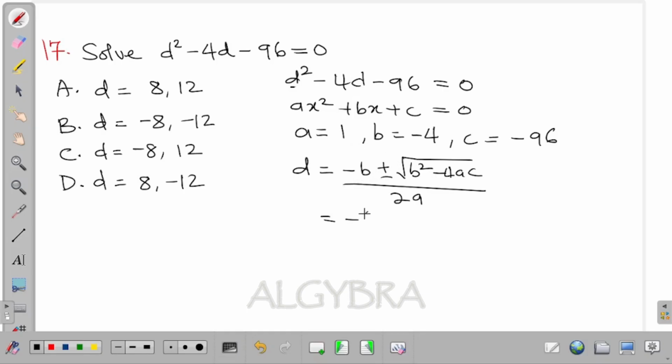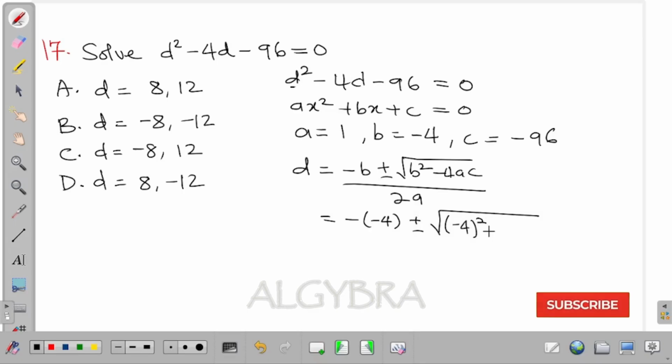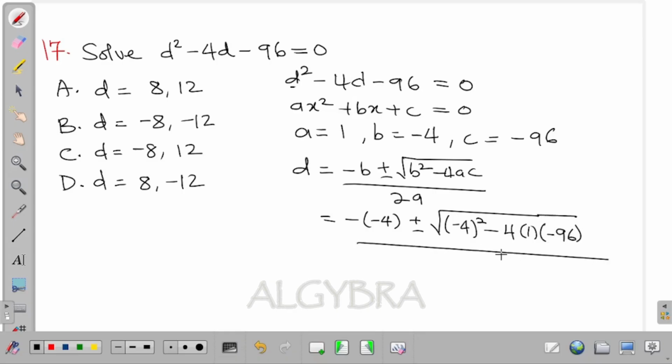So we are going to plug in the values of a, b, and c in the formula to get the values of d. So d is equal to minus b, which in this question is minus negative 4, plus or minus the square root of negative 4 all squared minus 4 multiplied by a, which is 1, and c, which is negative 96, all divided by 2 times 1.